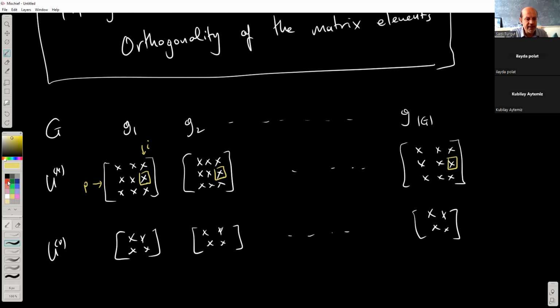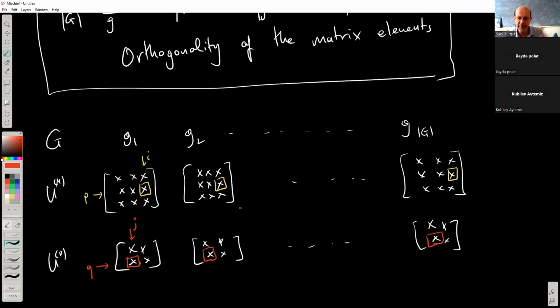And then I look at another matrix element in here. Let's say that q is the second row and j is the first column. As a result, we are looking at this particular matrix element. So we have these yellow matrix elements and red matrix elements, with the same number of numbers in each.